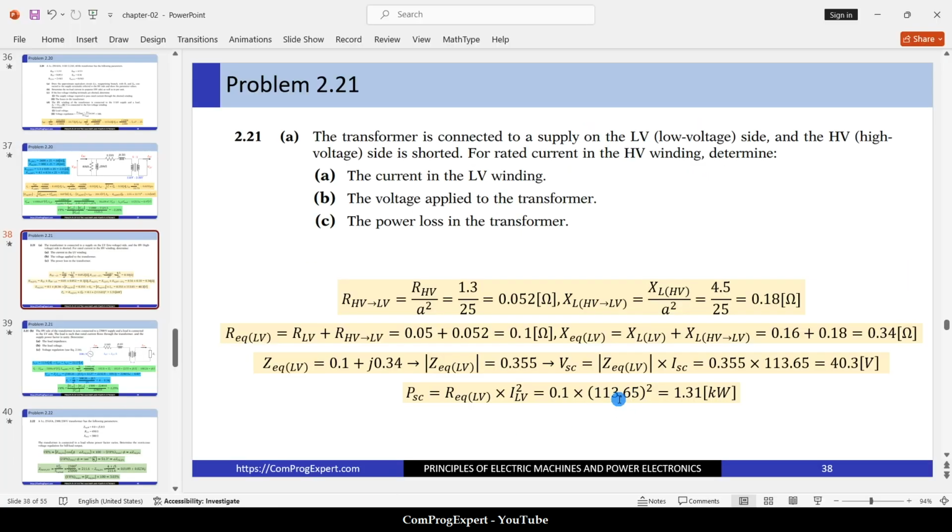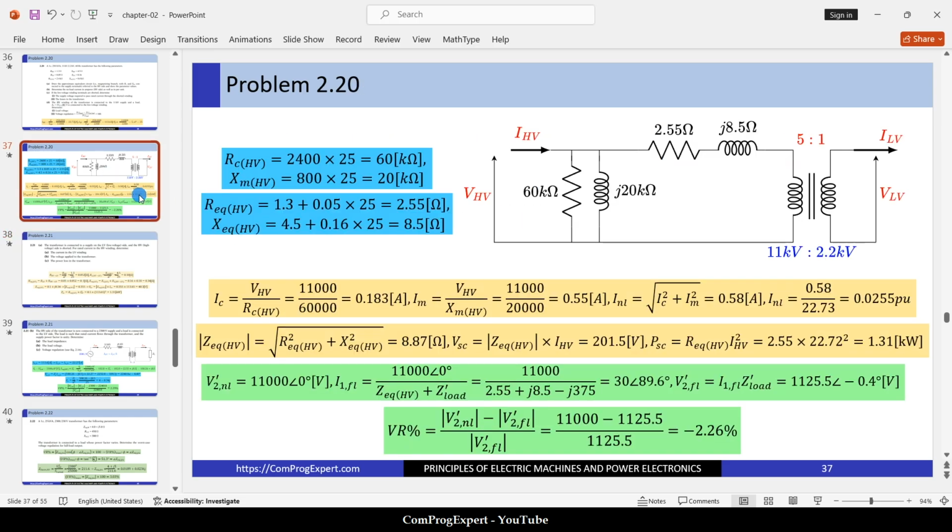Okay, this one. So if you do this calculation, the value of the power loss will be equal to 1.3 kilowatt, the same as this number that we calculated for the previous case when we short circuit the low voltage winding.